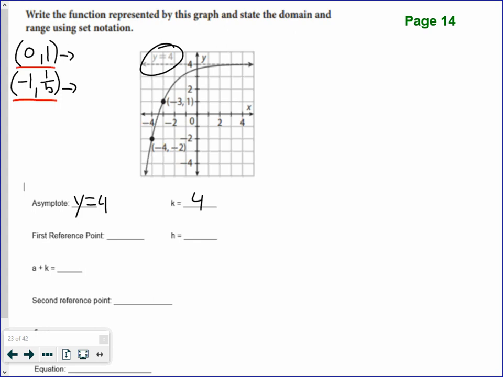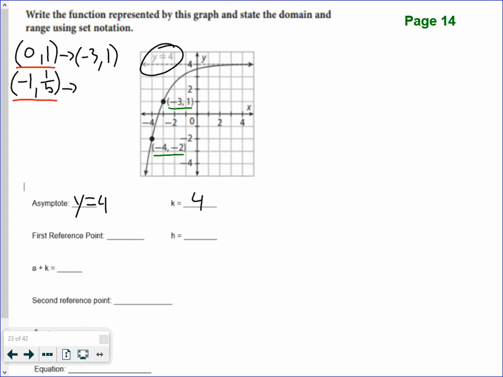And between (-3, 1) and (-4, -2), -3 has a bigger x value than -4. So the point (-3, 1) has a bigger x value than (-4, -2). So the point (0, 1) transforms into the bigger of the two x values on the graph, which is (-3, 1).